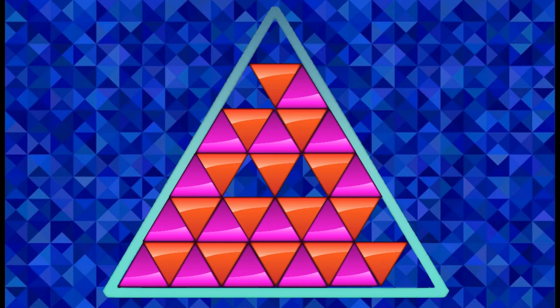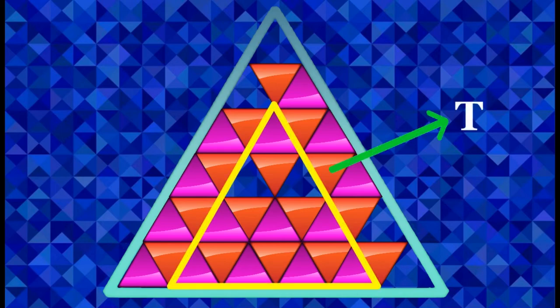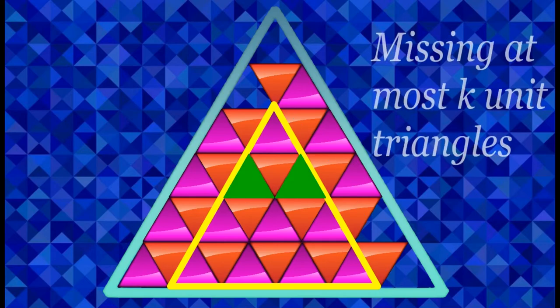Now, we consider an arbitrary equilateral triangle T of side length k. We need to show that this triangle is missing at most k unit upward triangles.